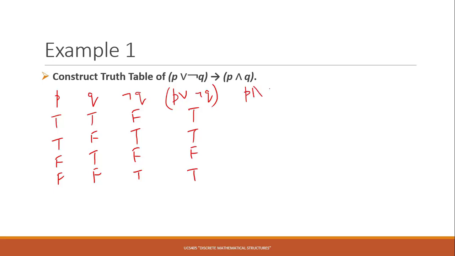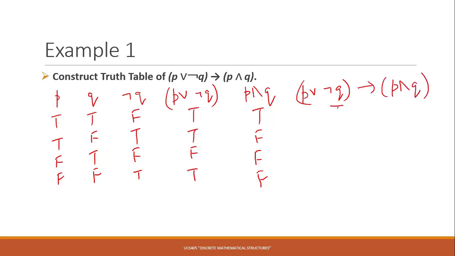Then p and q, which will be true, false, false, false. After that, you will write p or negation q implies p and q. It will be true, false, because here this is true and this is false. Again true and false. So this is the truth table for this propositional logic formula.